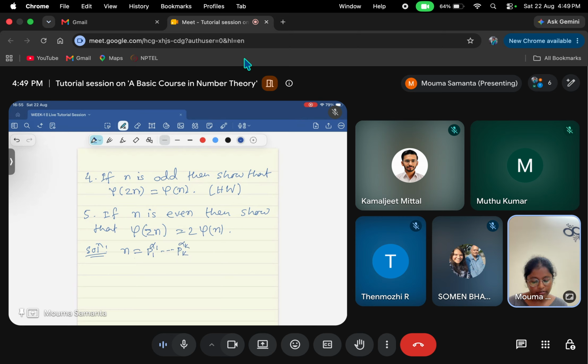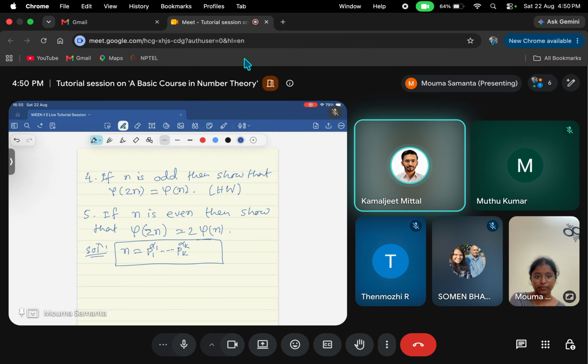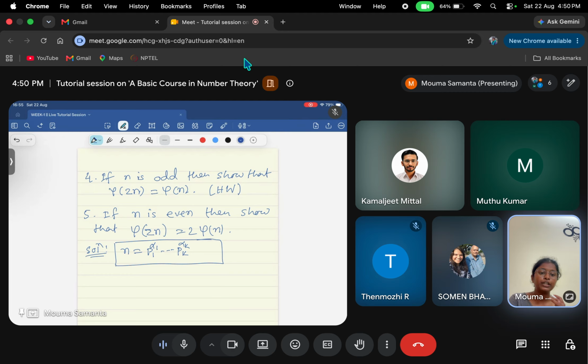When n is even, can you have some particular form of the prime decomposition of n? N is even, what does it mean? It will be a multiple of 2. So in the prime decomposition, the power of 2 will be non-zero.